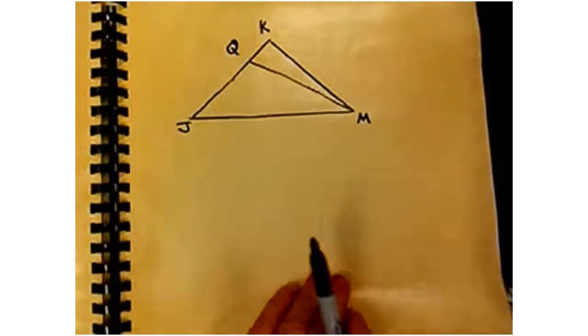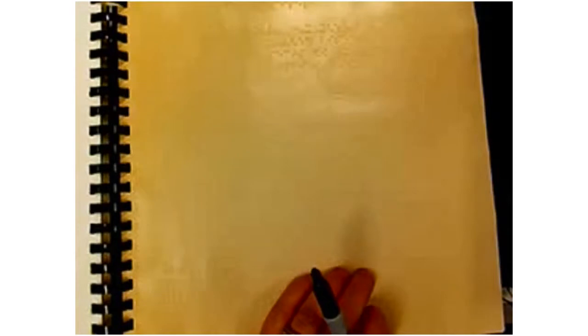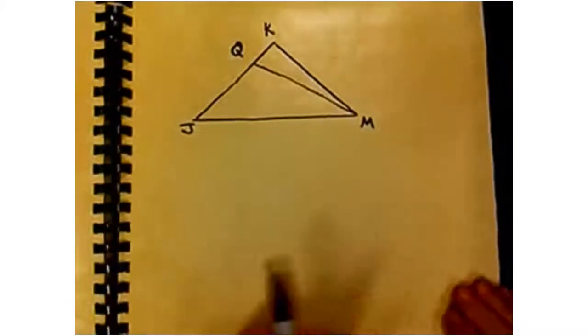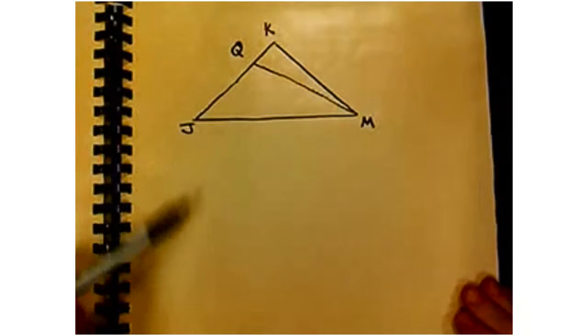Right? So the next section is 6-3, identify and use angle bisectors in triangles. It starts actually on the same page we were just on, right below it.